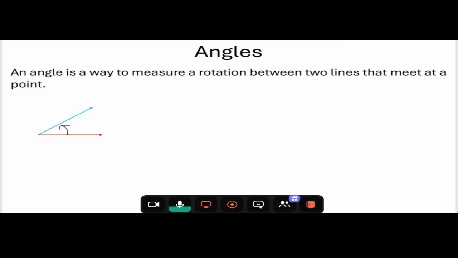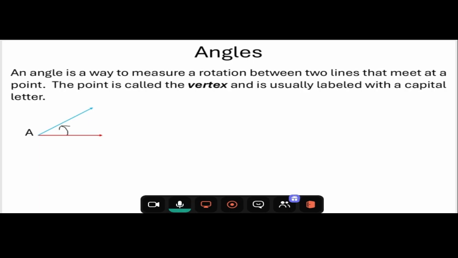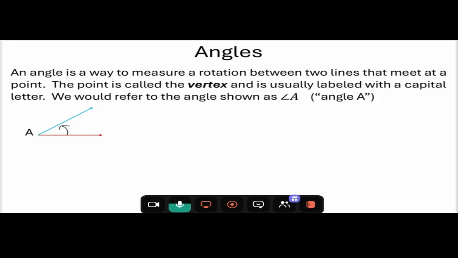I had to draw those rotating arrows by hand with my mouse, so they aren't very good, but there was nothing that did the job in the program I was using. So there's an angle. The place where those two lines meet we call the vertex, and we usually label it with a capital letter, and we also use that capital letter to talk about the angle.